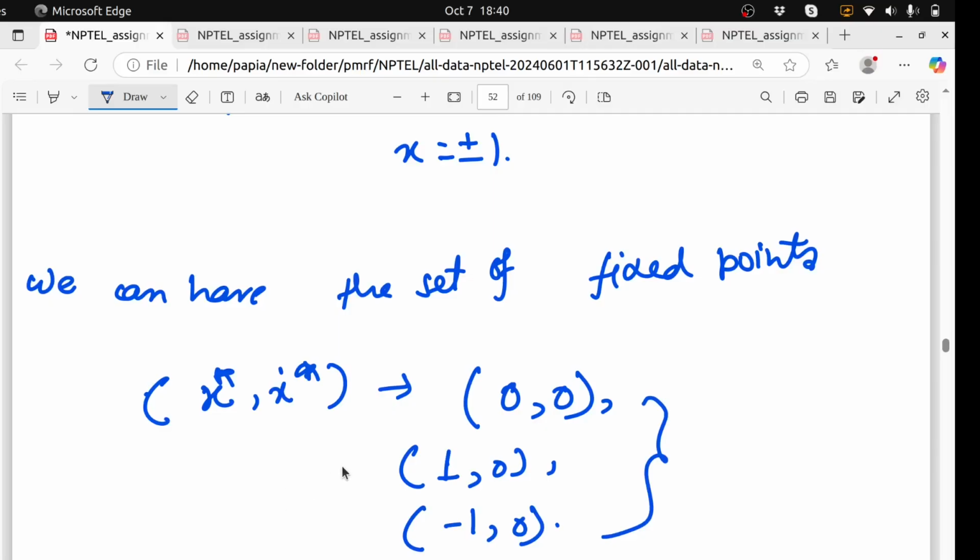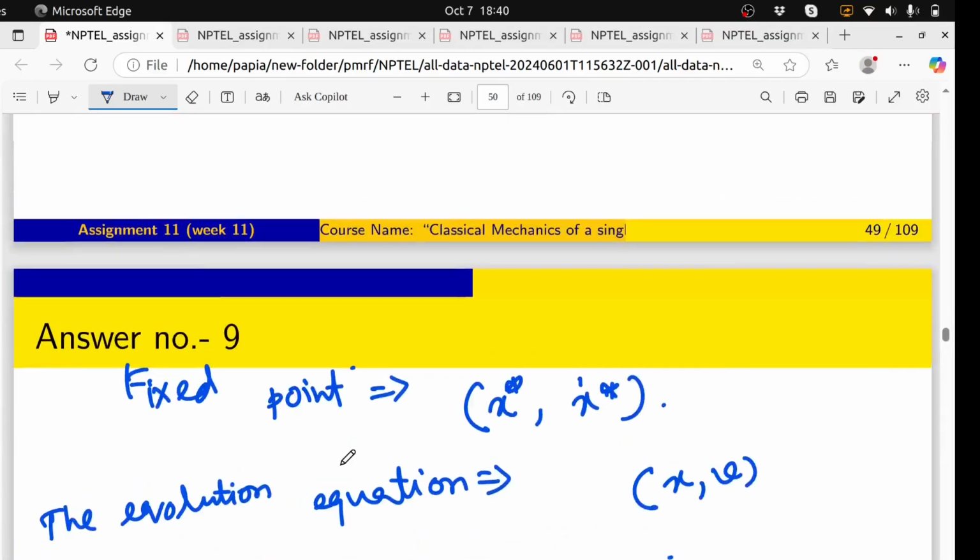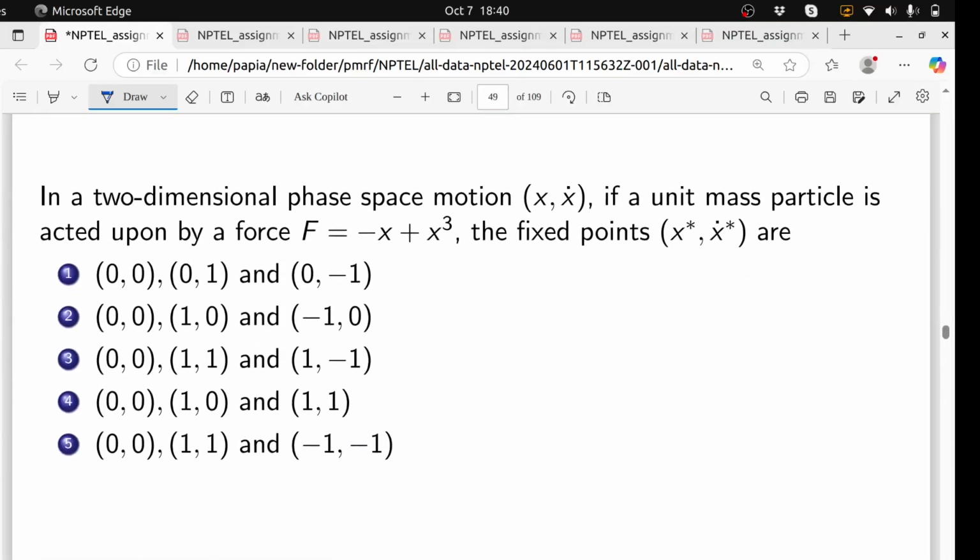Okay. So now coming to the options. What I told is (0, 0), (1, 0) and (minus 1, 0). So the second option is the correct one. So how to calculate the fixed point? For the fixed point, we know the condition that x dot, x double dot, x triple dot all will be 0. So x dot will be 0. Very good.